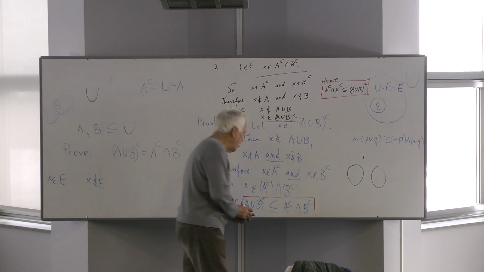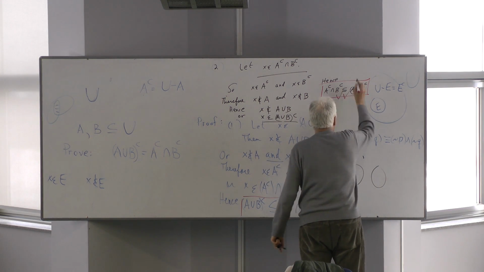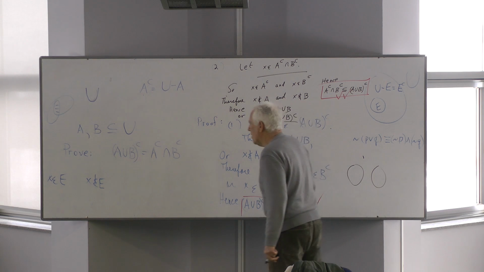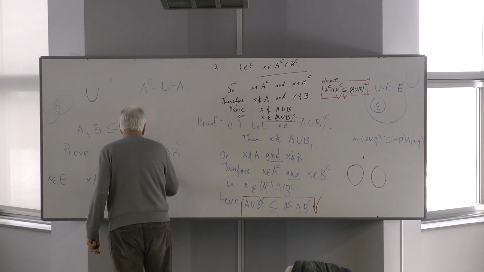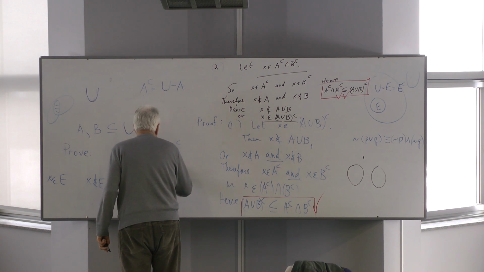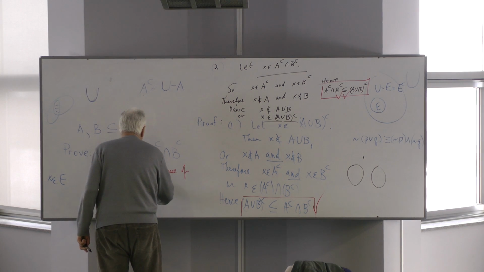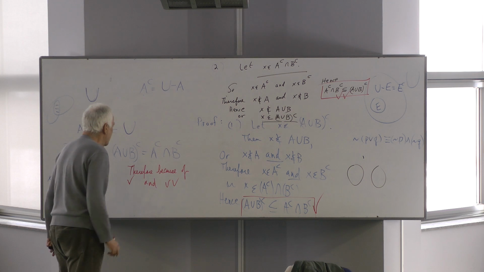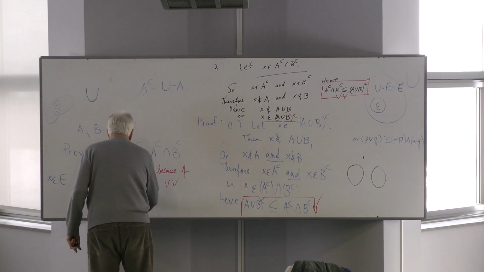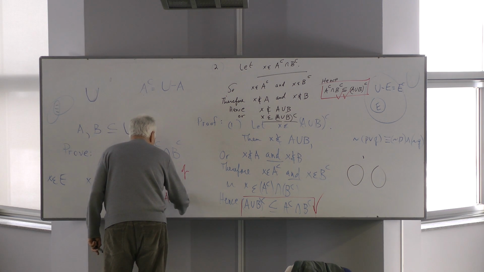So this relation, this red one, and this double check implies they're equal. Therefore, because of check and double check, we have it, that this equals this. The complement of A union B is A complement intersect B complement.